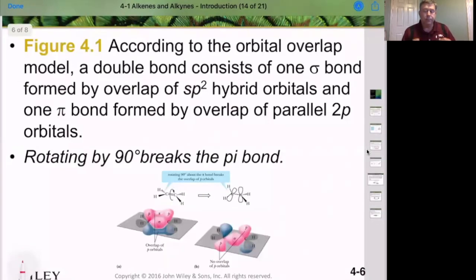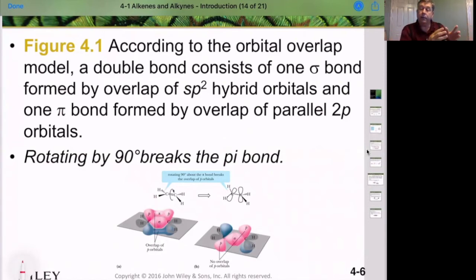The reason we can make this double bond is that we have three equivalent sp2 hybridized orbitals that make that trigonal planar structure, and we have an unhybridized p orbital. The unhybridized p orbital on each of those carbons overlaps with the one next to it to give us the double bond. With the p orbitals forming that pi bond above and below the plane, we would have to break the pi bond to rotate around that bond.